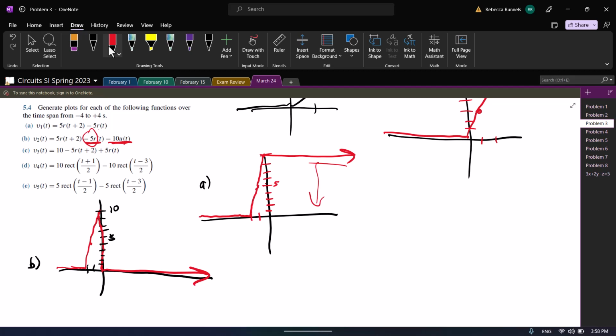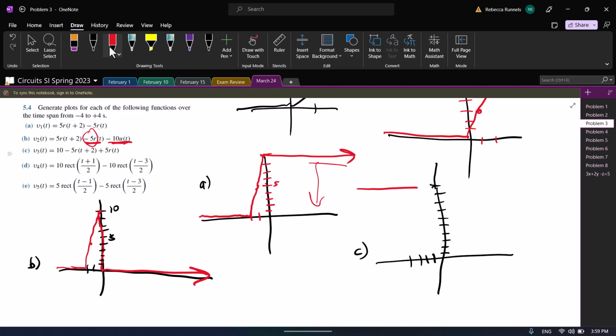Okay, now C is something new. We're not starting at 0. We've always been starting at 0. Now we're starting at 10 because we just have a plain old 10. So we start at 10 until we get to -2.